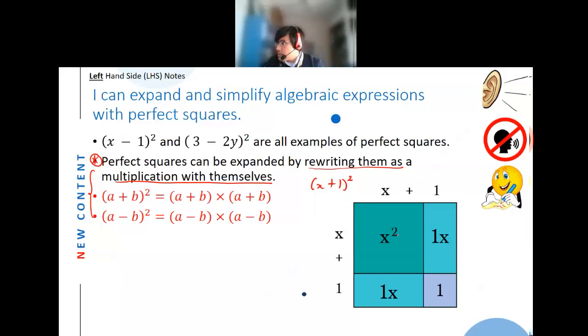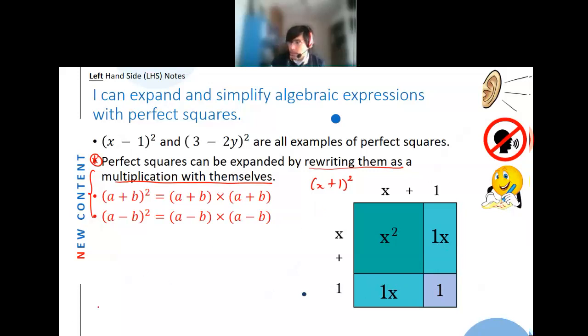What we can do is work out the area of each of the smaller shapes. We've got x times x, that's x squared. Then x times 1 gives you 1x. Then 1 times x, that's another 1x. And then 1 times 1 gives you 1. That's what we've been doing so far.